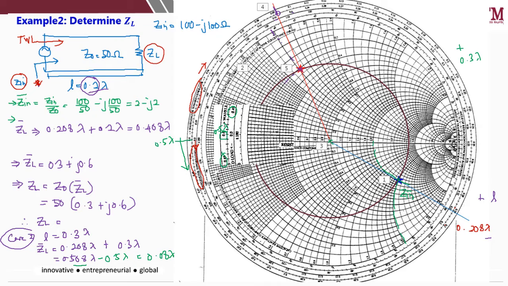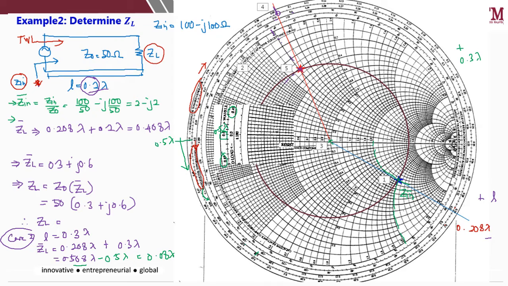Okay, so from here plus another 0.008, so 0.067 plus 0.008, towards the load, so this middle line, 0.008 here.